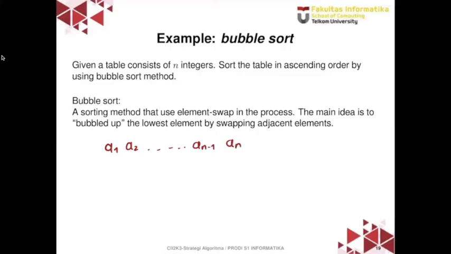in bubble sort we will have some paces from pace 1 to pace n minus 1, where in pace 1 we first check an and a(n-1) and check if an is larger than a(n-1). If not, if an is smaller, then we swap them.